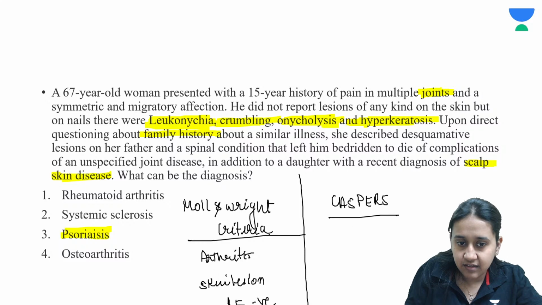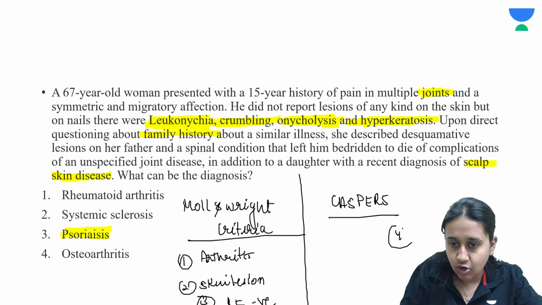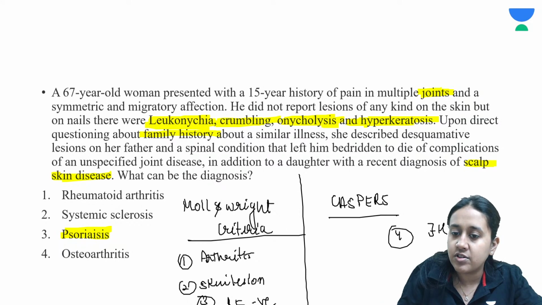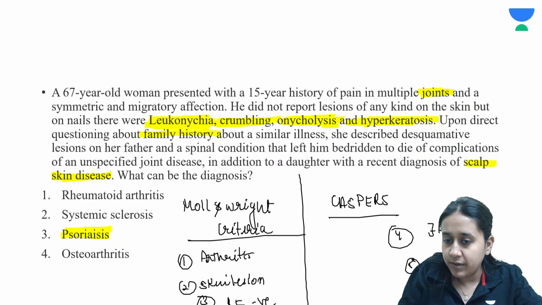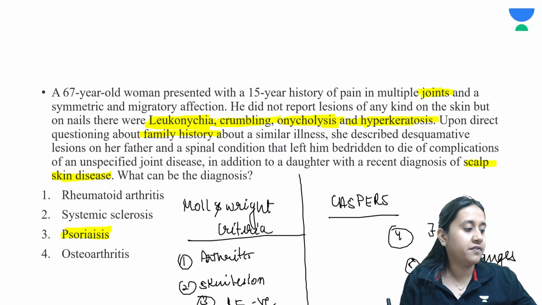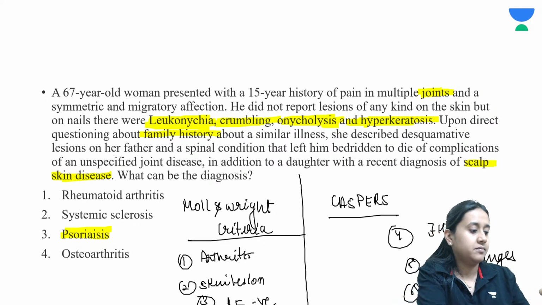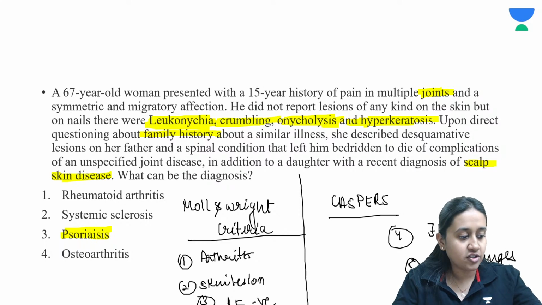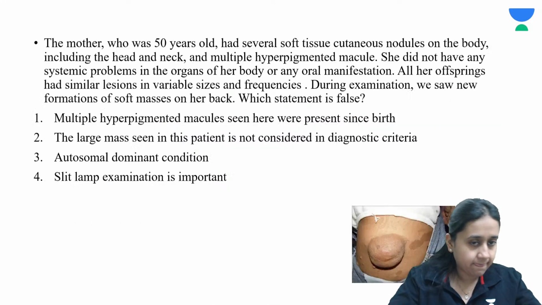And CASPAR adds 3 more to these 3 criteria. According to CASPAR, along with these 3, there should be a family history positivity, involvement of nail and involvement of digits. So very important features of CASPAR criteria.